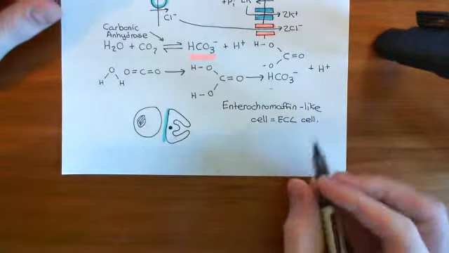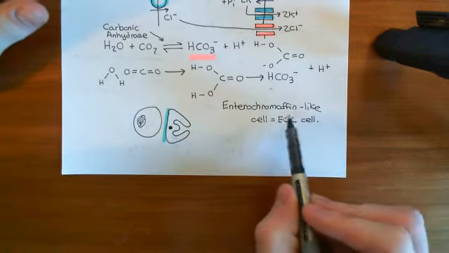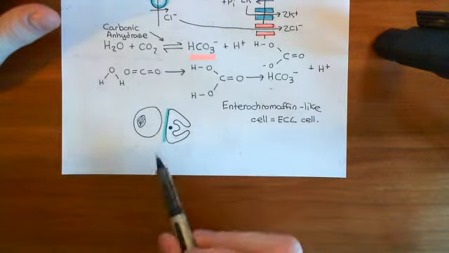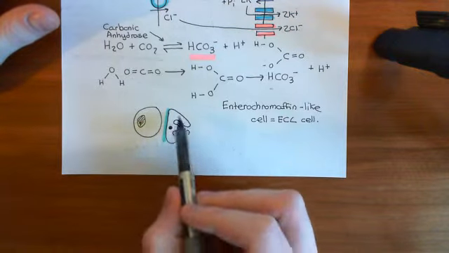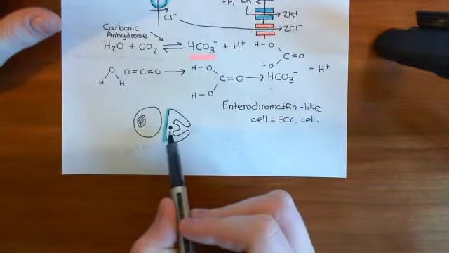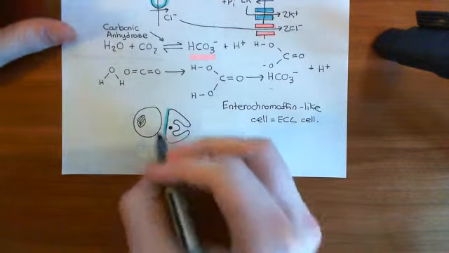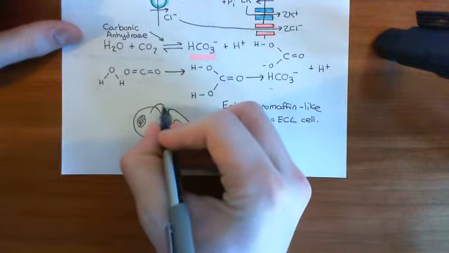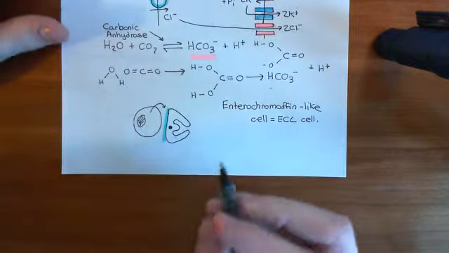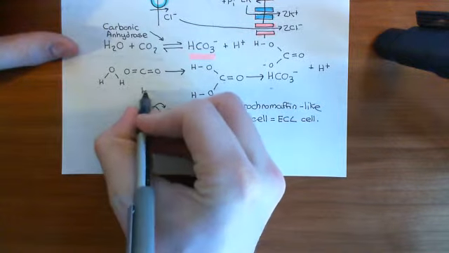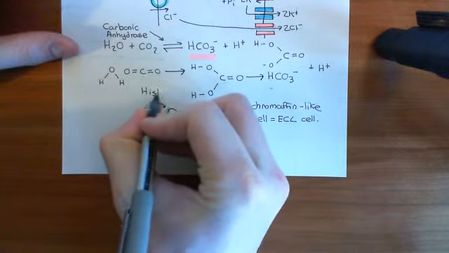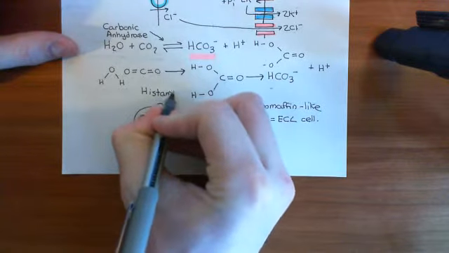Right, so what is the job of these enterochromatin-like cells? Well, basically they control the secretion of hydrochloric acid by the parietal cells, okay? And they do this by secreting a little signaling molecule known as histamine. Okay, so histamine is a very important signaling molecule.